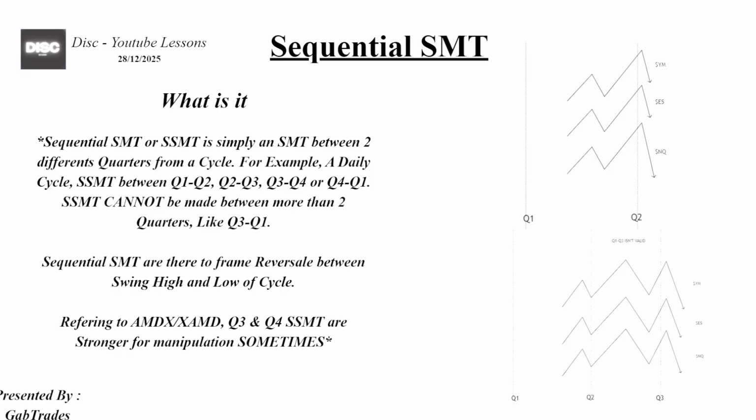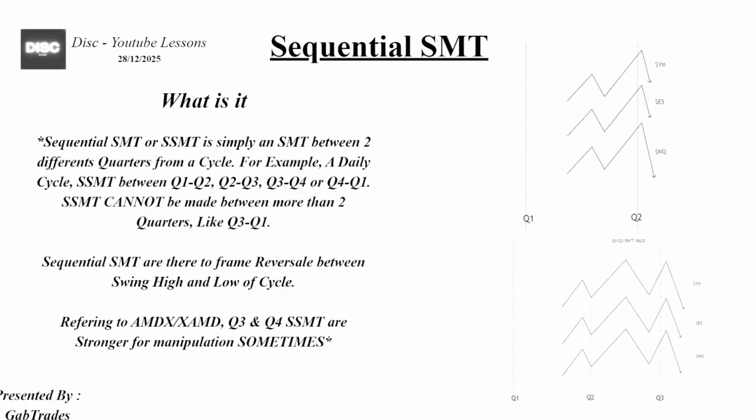I use quality theory for SSMT, and I use SSMT to frame more precise reversals, to know exactly when we will reverse. In favor of what? I just said it. Narrative, power of three, market maker model.